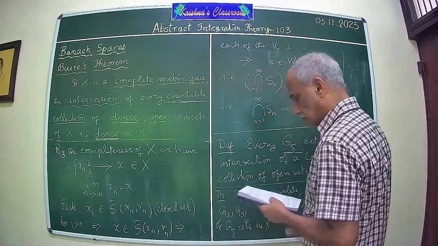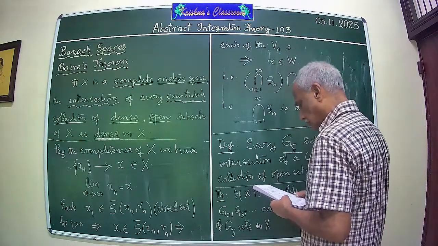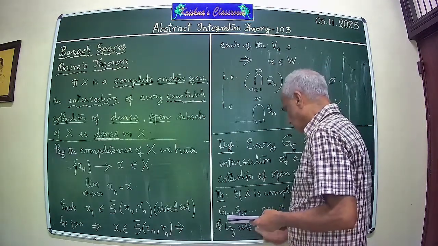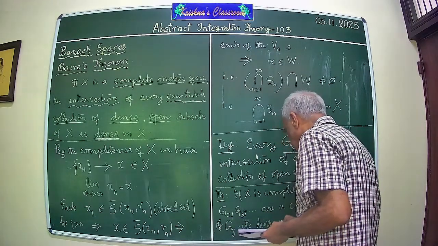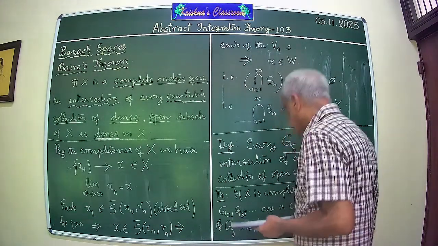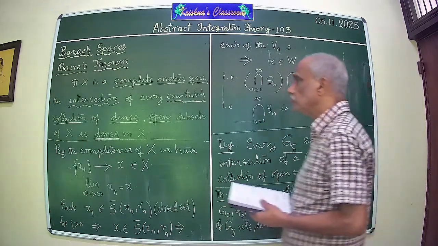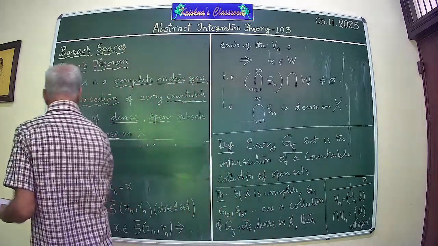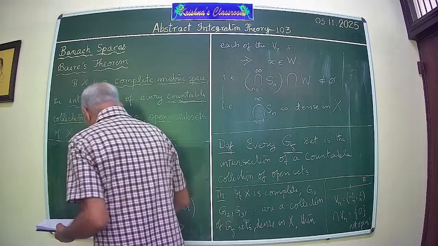in X, each dense in X, then the intersection of Gj's is a G delta.